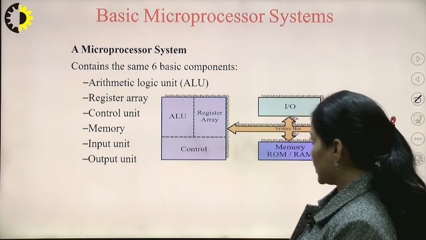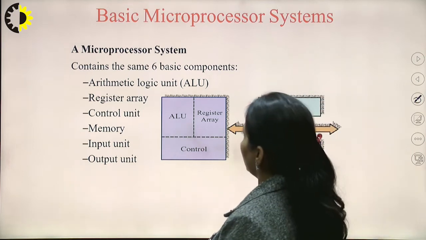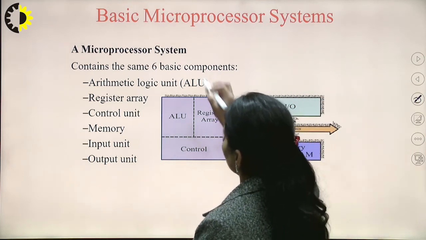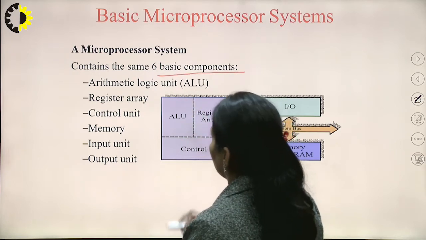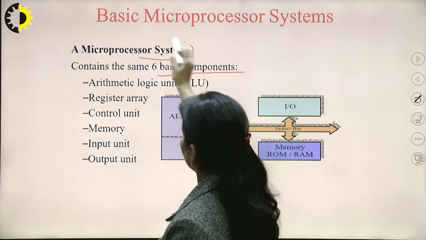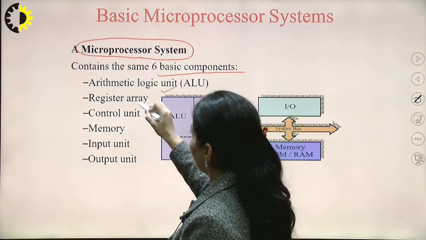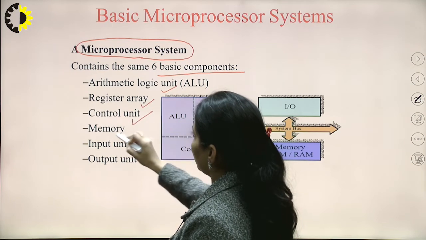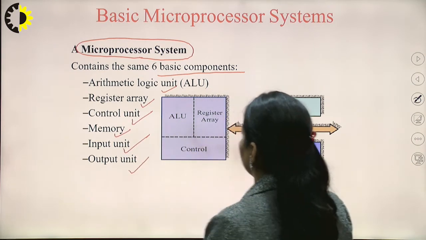We can understand this using a diagram also. A microprocessor system contains 6 basic components: ALU unit, register array, control unit, memory, input unit and output unit.